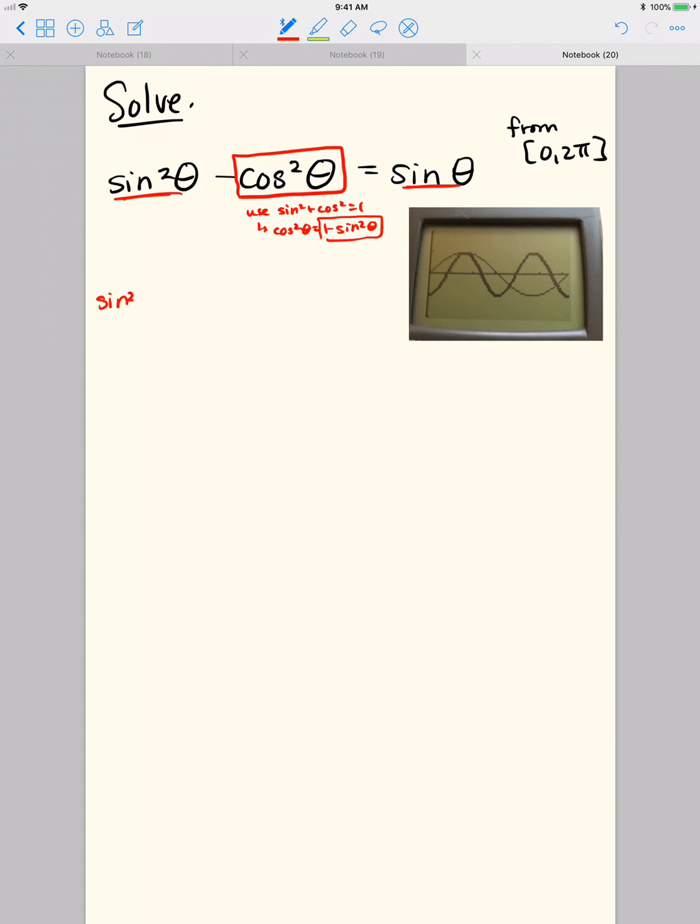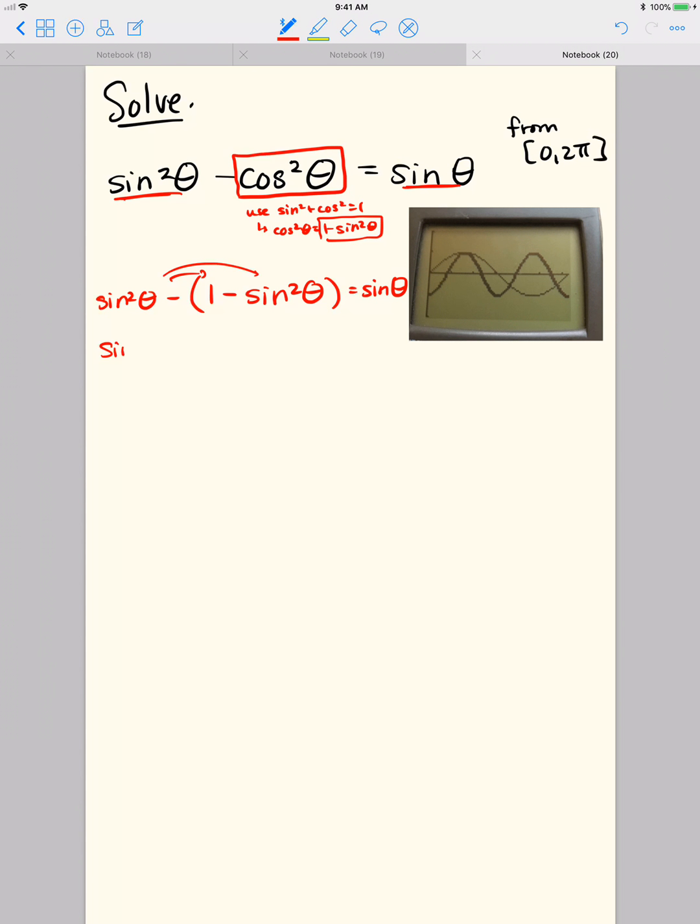So we'll have sine squared of theta minus the substituted quantity of 1 minus the sine squared of theta. I'm going to keep that in parentheses because you have to understand you're subtracting that quantity, and that equals sine of theta.